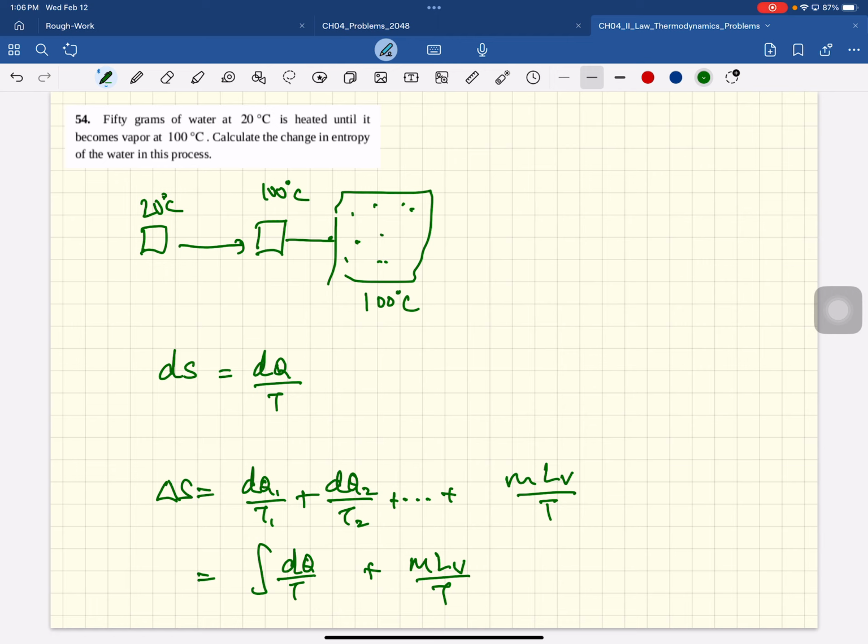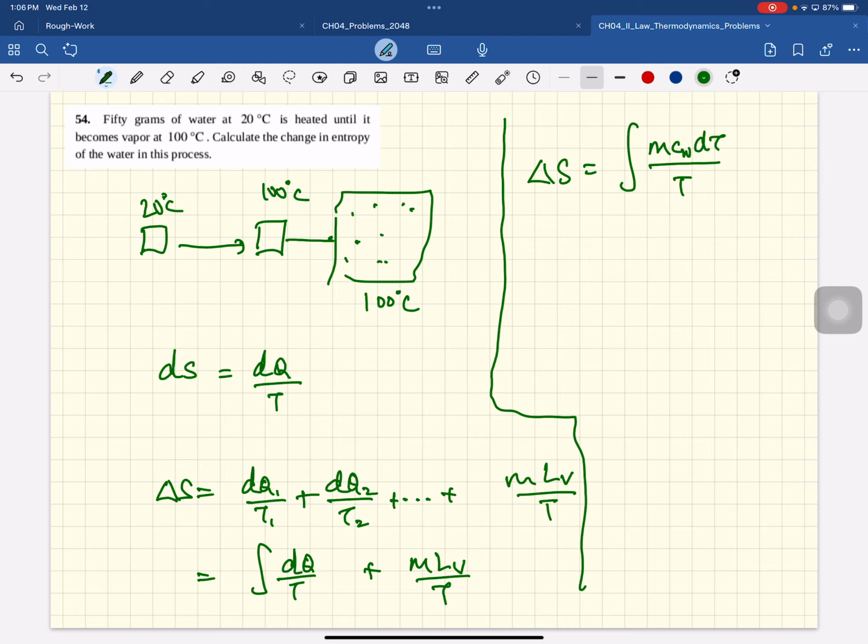All right. When you warm water, how much heat are you adding? Delta S is, when you warm the water a small amount, how much heat you added. So that will be the change in entropy in this process, this integral.